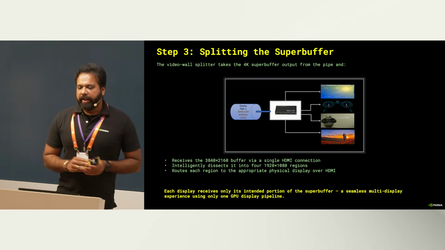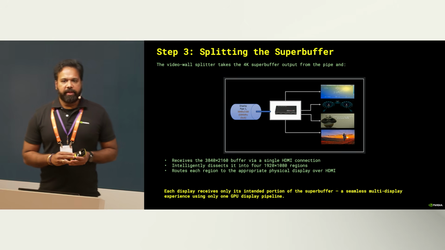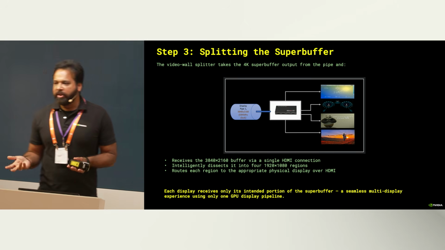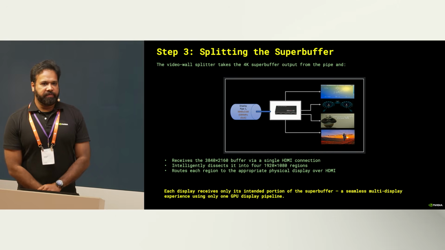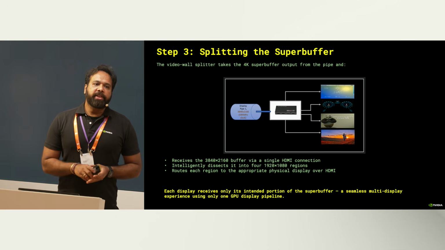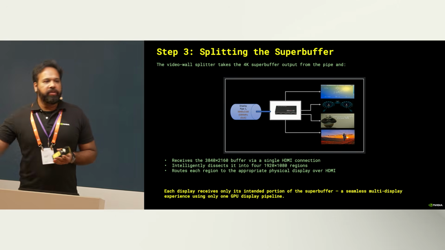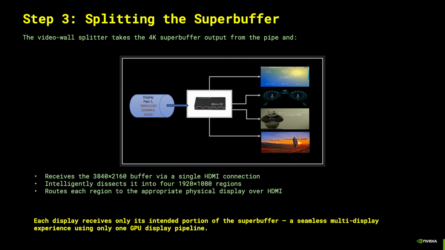Okay, then you can ask me the question, fine, but eventually what do I do with this super buffer? I don't need a big buffer, I need 4 small buffers. That's where our splitter comes into the picture. So instead of the pipeline directly delivering it to the output HDMI port, the splitter will come in between. And as I mentioned, it's dumb hardware, it doesn't care about anything.